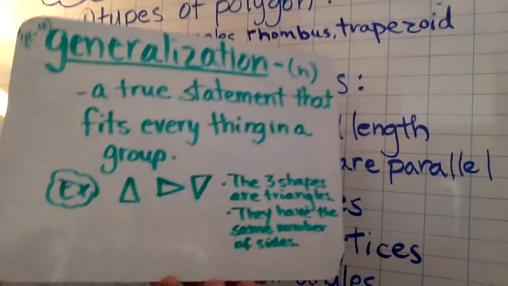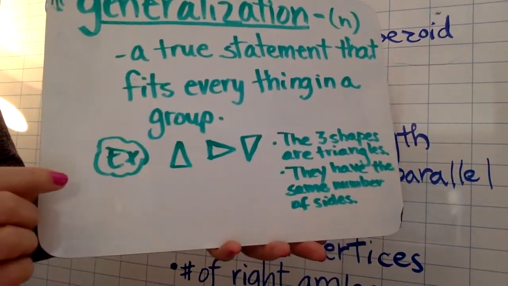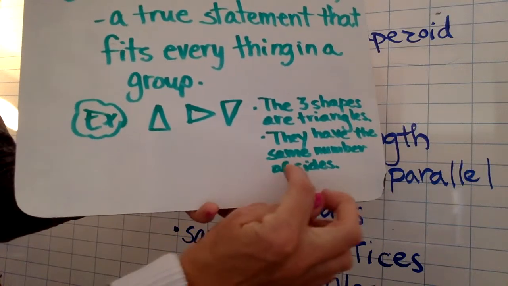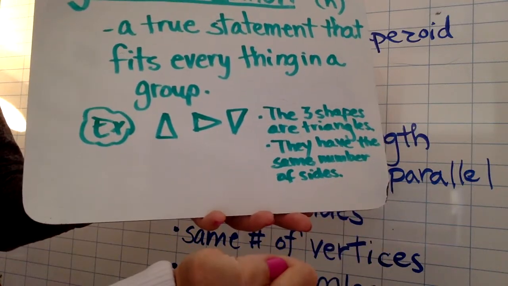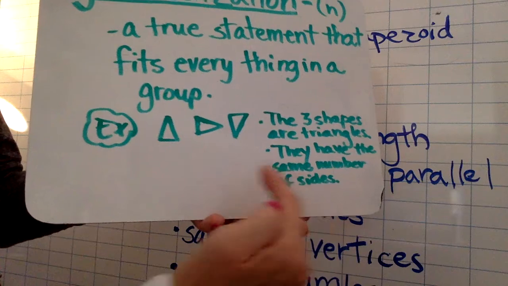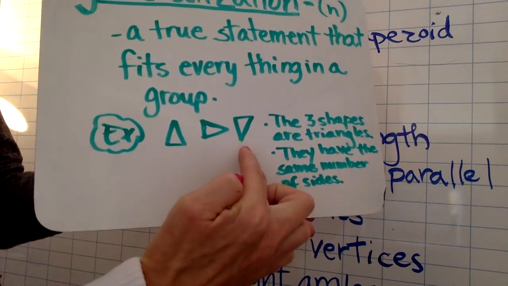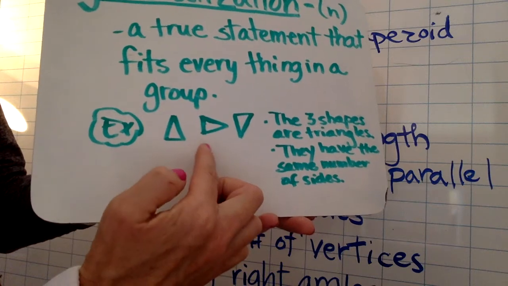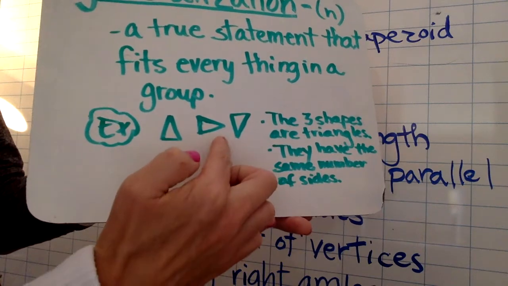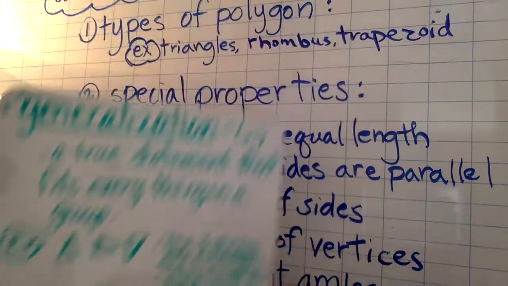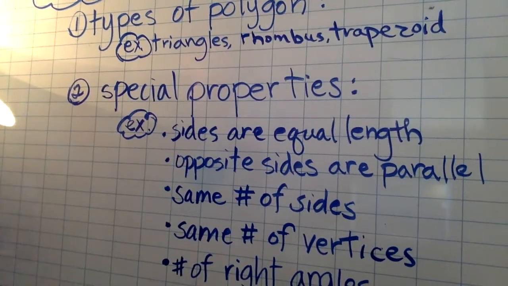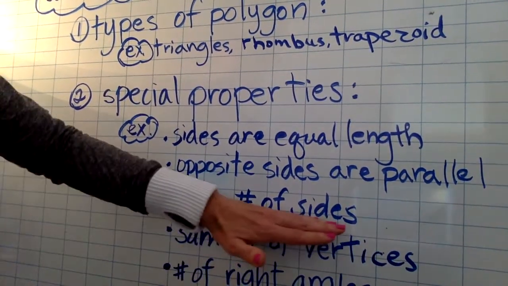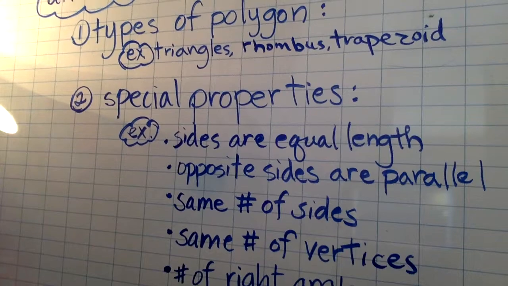Now I break it down into the special properties. Okay, they have the same number of sides. Now, did I say anything about angles? No, because all of them have a variety of different angles. So angles would not group all 3 of these together. But sides is one of my choices when I describe the properties.